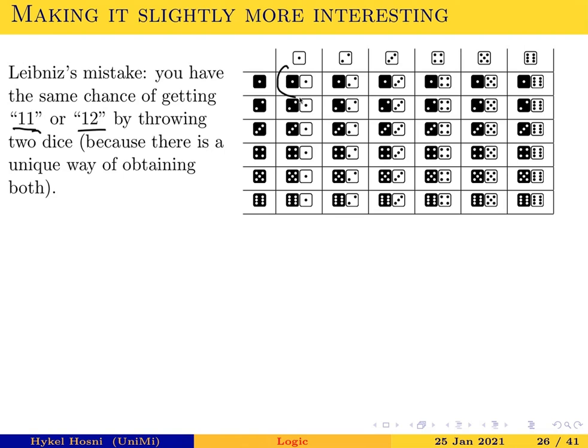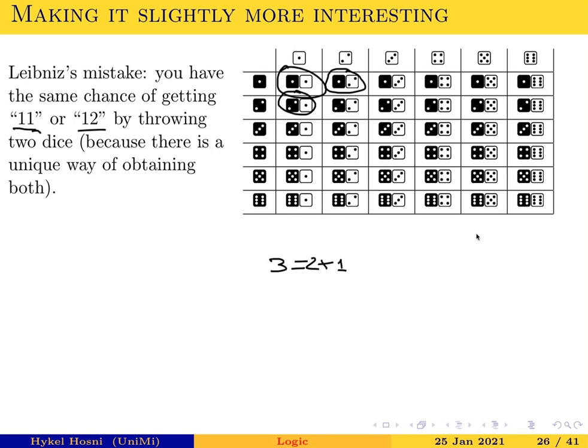So in this case, you got 2 1s. In this case, you get a 2 and a 1, which is not the same as this one, right? The sum is the same, so 3 is 2 and 1, but in this case your 2 was black, in that case your 2 was white, so distinct outcomes.